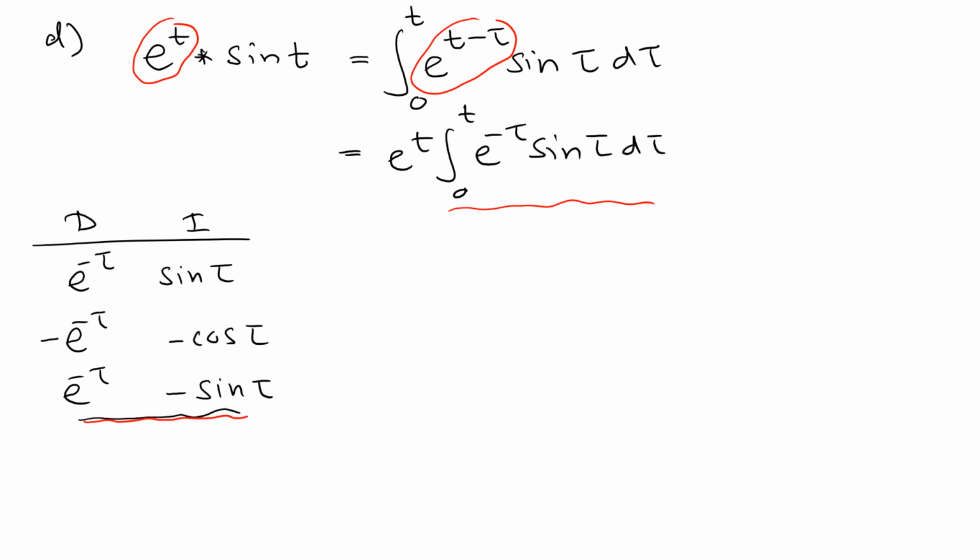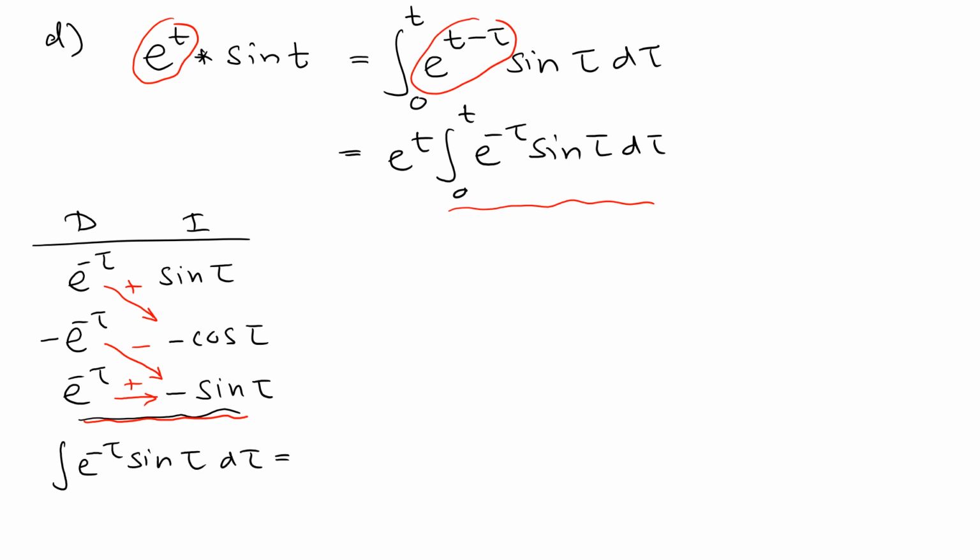That's the idea. So now we can write the answer. This is plus, this is minus, and the last one is also plus, but there's a sign change. Because of that, we can write the integral here. I'm going to do a side work here. So you start with the integral of e to the negative tau, sine tau, d tau.